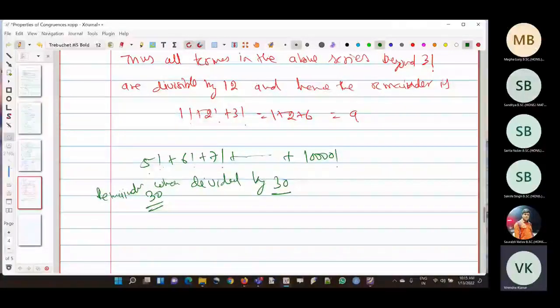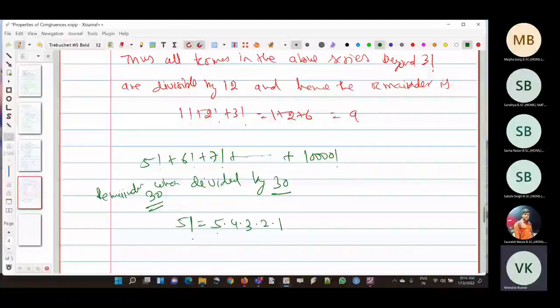You know that 5 factorial is 5 times 4 times 3 times 2 times 1. So is 30 there, is this divisible by 30?